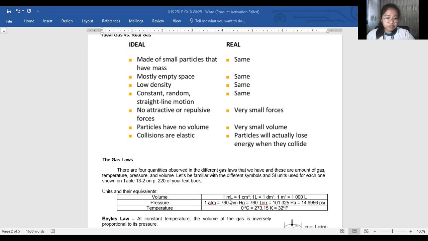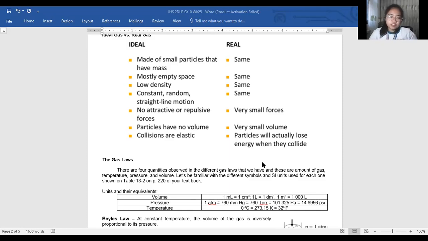In volume, we will use milliliters or liter. And then for temperature, we will mostly focus on degrees Celsius and Kelvin. Pero mas gagamitin natin yung Kelvin scale dito. So dapat tandaan nyo kung paano mag-convert ng degrees Celsius to Kelvin, which is mag-a-add lang kayo ng 273.15.